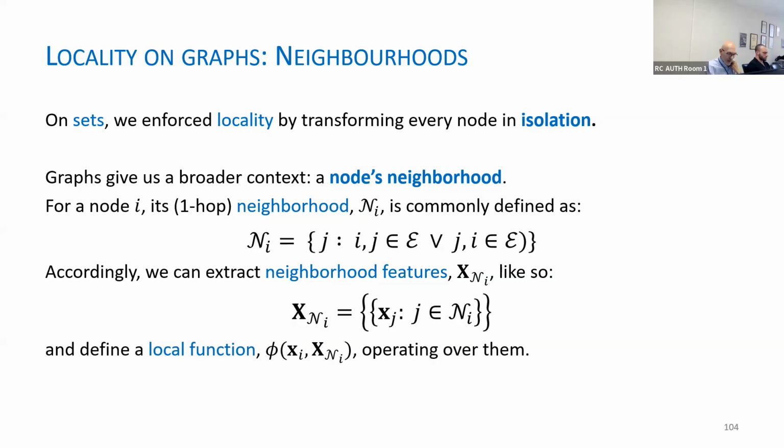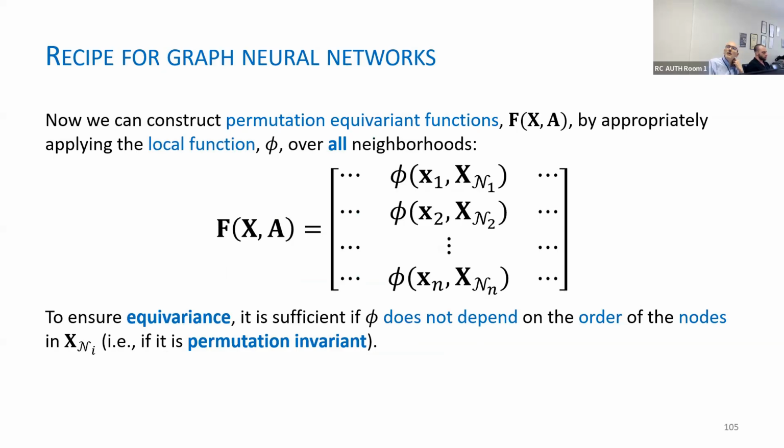So the idea is that in sets we operate in isolation for each vertex, each point. In this case, a local function operates on a vertex and the one-hop neighborhood of that vertex. At this point, we try to construct permutation equivariant functions by applying the local function over all the neighborhoods.